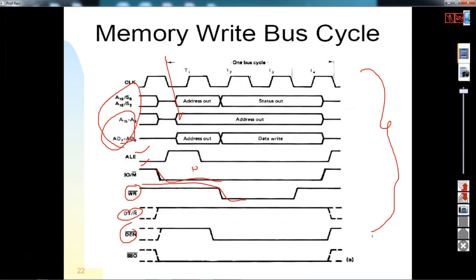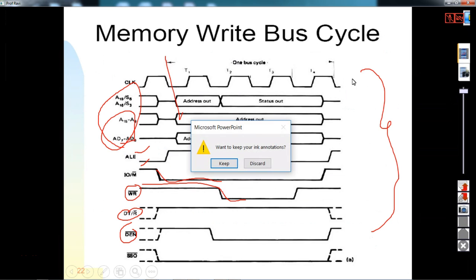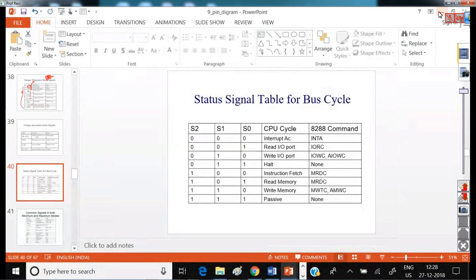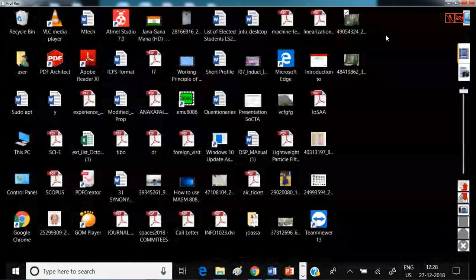Maximum mode means the processor can accommodate a coprocessor. That is selected by using a pin called MN/MX bar. In minimum mode of operation, we have seen the signals, a simple design of a system, and the signals related to the memory read operation.